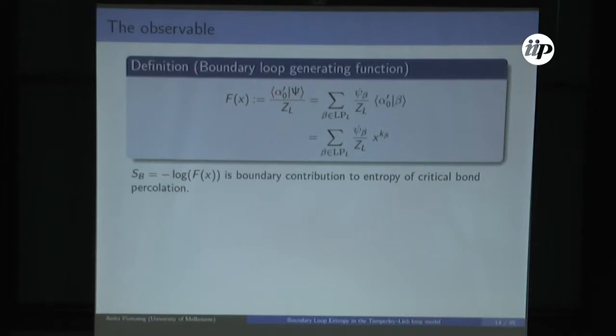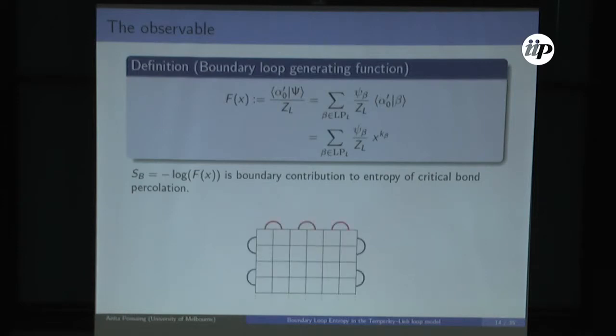This generating function, this observable, it was of interest initially. Jesper Jacobsen was interested in it because it's more or less the boundary contribution to the entropy of critical bond percolation. So it's a pretty nice thing to know.